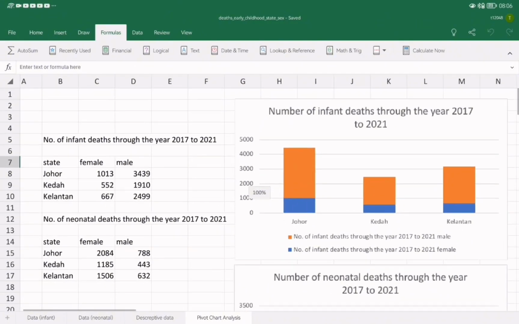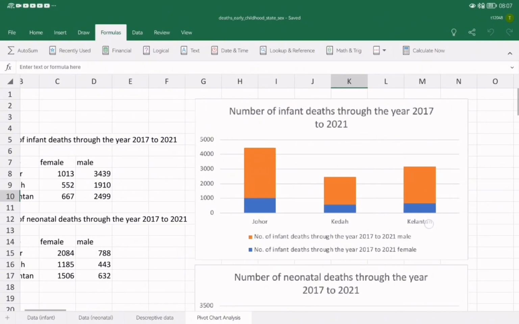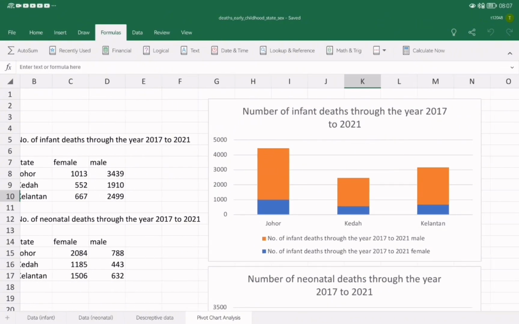For Johor, the female is 1013, and the male is 3439. For Kedah, the female cases are 552, and the orange one is 1910. For Kelantan, 667 for the female, and the male is 2499.